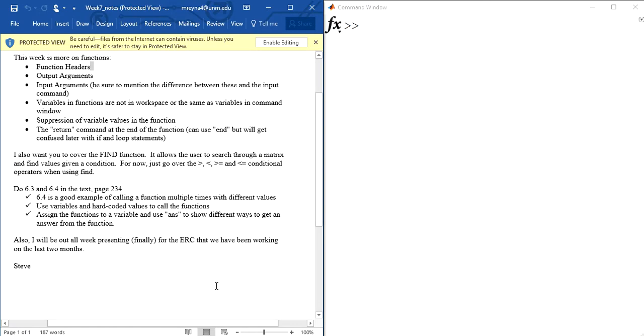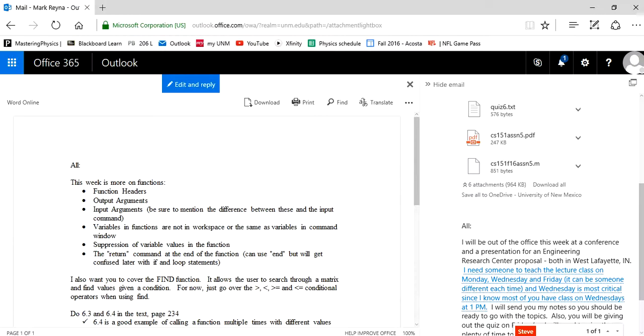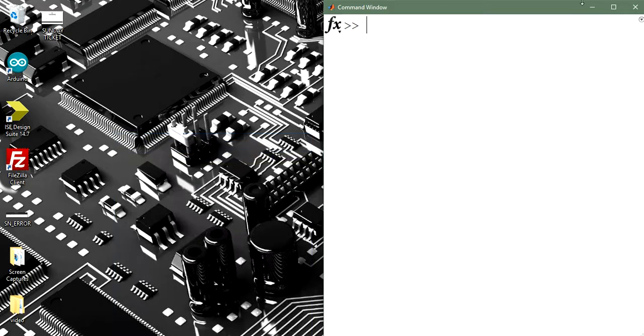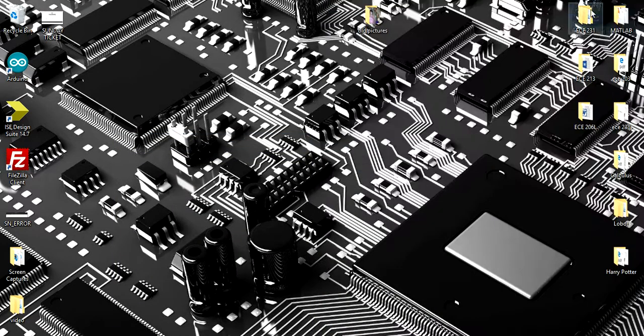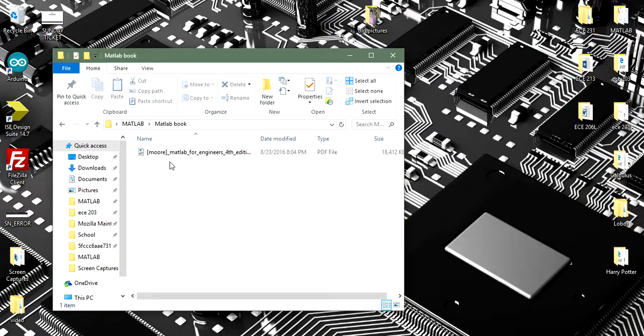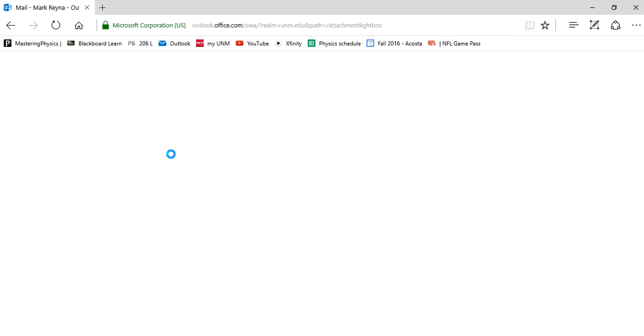Do 6.3 and 6.4 in MATLAB, and I do not have it opened up. So I'm going to come over here, open up my MATLAB book that I sent everybody. Y'all should have this.